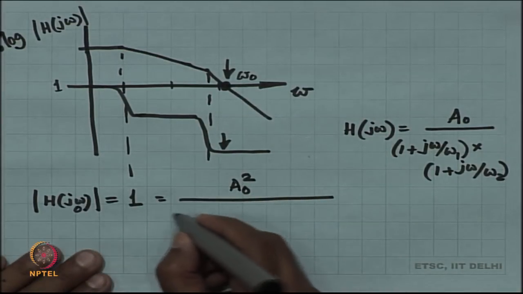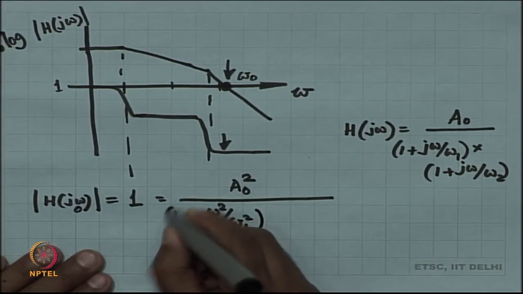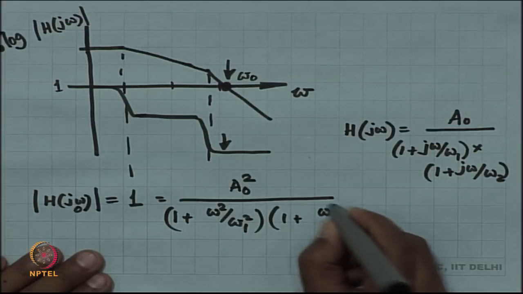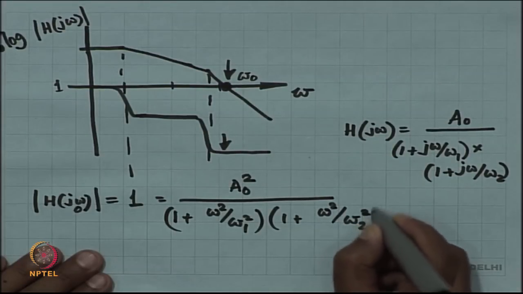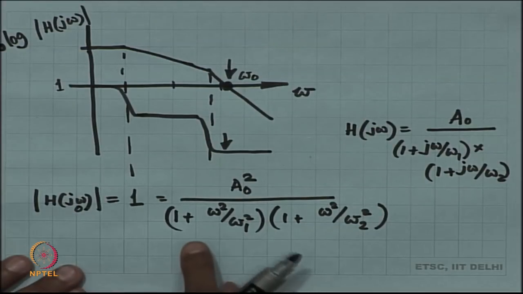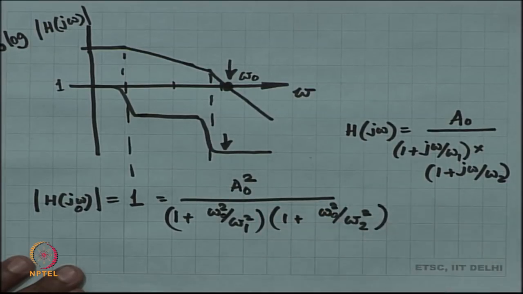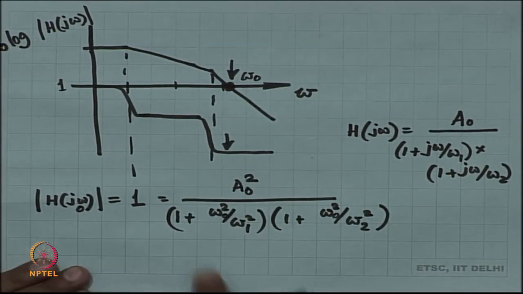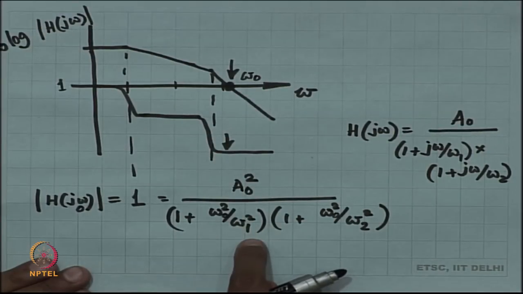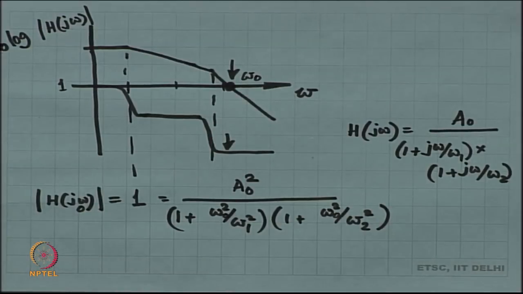This automatically means that 1 plus omega naught squared by omega 1 squared times 1 plus omega naught squared by omega 2 squared is equal to a naught squared. This was my setup number 1. This is the definition of omega naught.